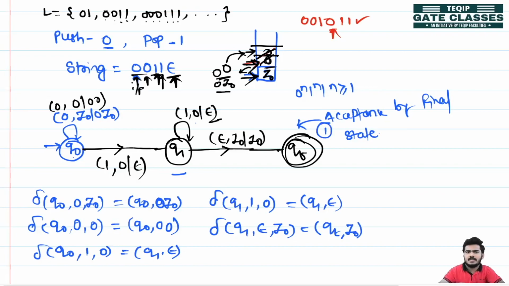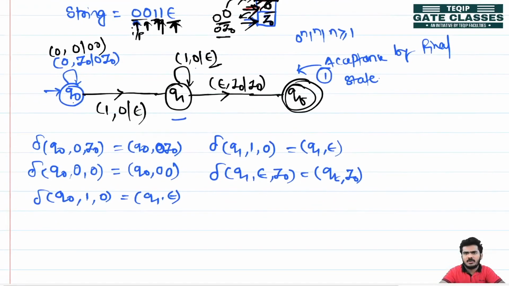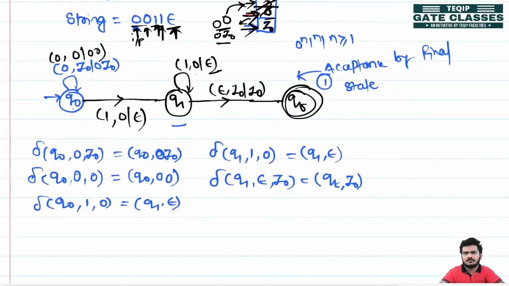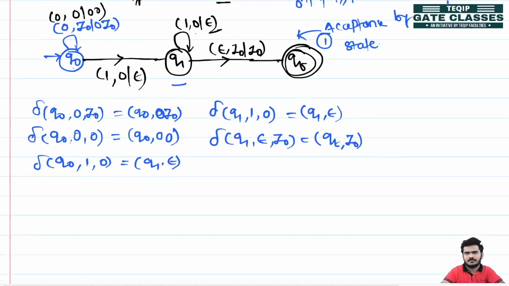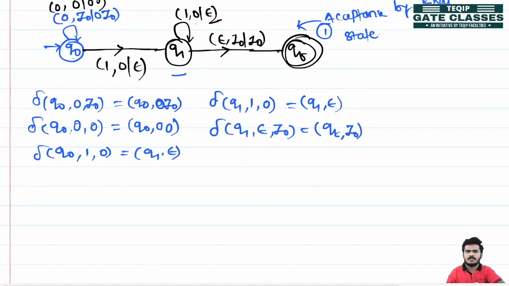Now we will design the same PDA for acceptance by empty stack. Okay, what is meant by empty stack? We will not keep that Z0 also in the stack. So first of all, I will design the PDA for this. Suppose I am in Q0, the remaining operations will be like this only.